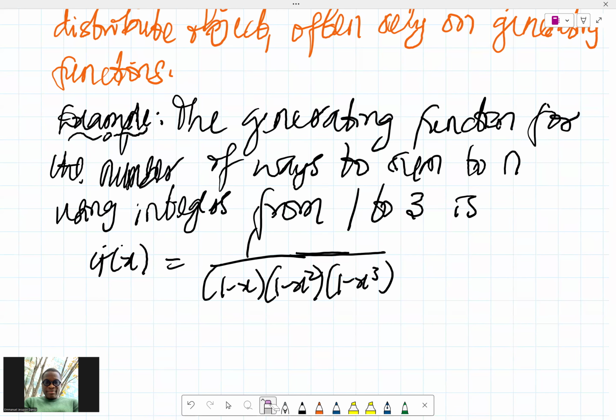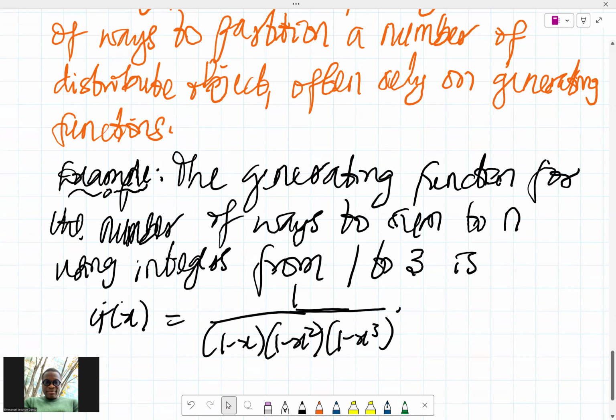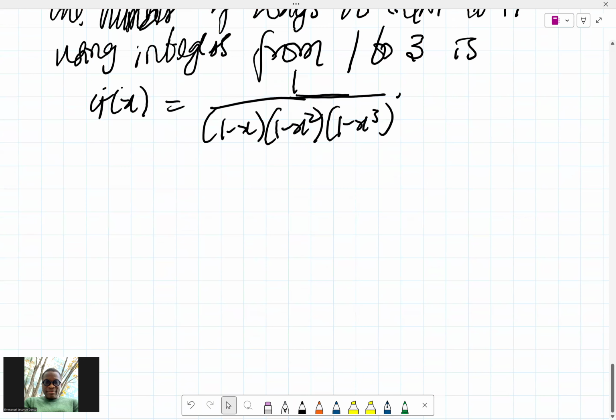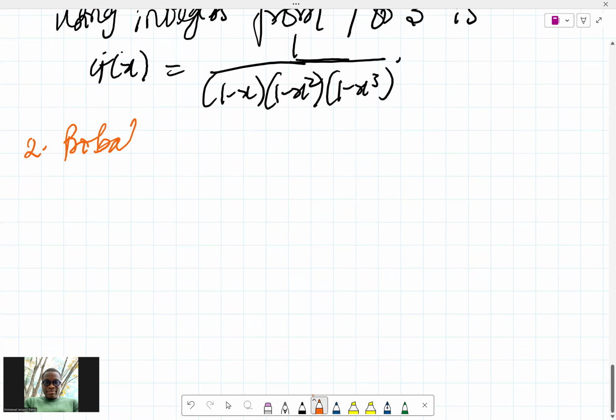Now we also have another application in probability. I'm sure the first time I came across generating functions, it must have been under probability.